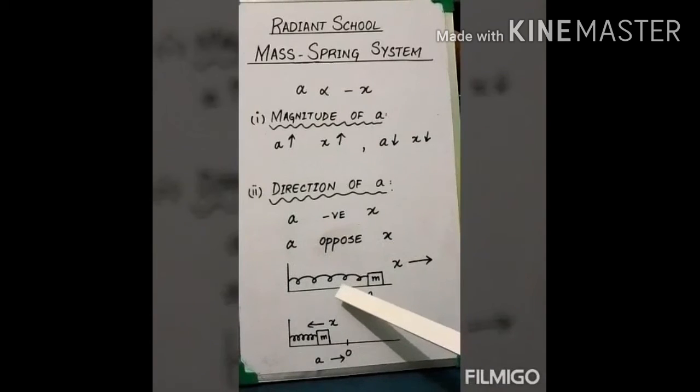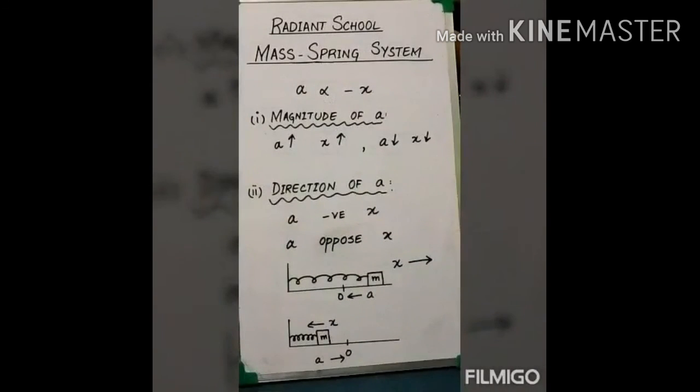Either the body is moving towards the right side of the mean position or towards the left side. When it is moving towards the right side, the direction of displacement away from the mean position will be in this direction. The acceleration will be opposite, so it will be in this direction, so acceleration has a direction towards the mean position.